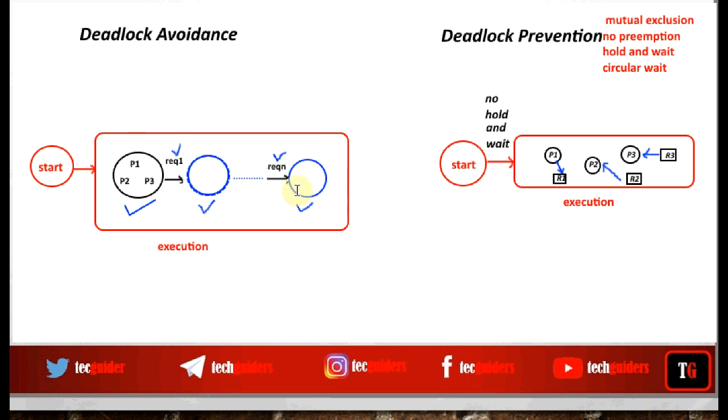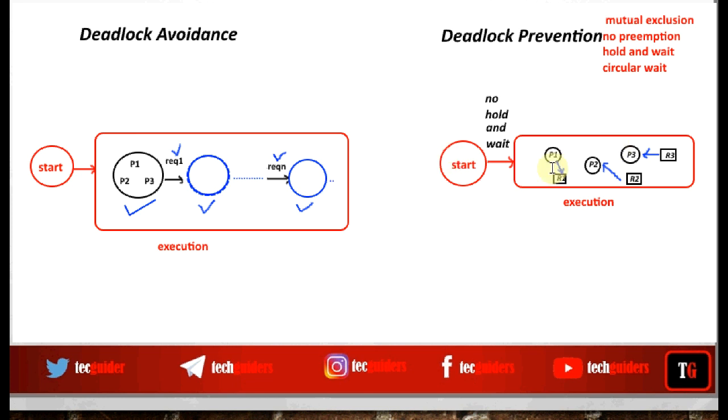So here deadlock will not occur because we will not move to an unsafe state, but we are not ensuring it in the beginning itself. We are making decisions during runtime whether a request is to be granted or not. Only those requests will be granted which will keep the system safe.